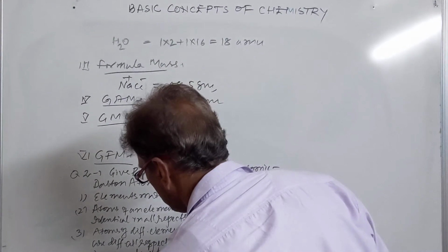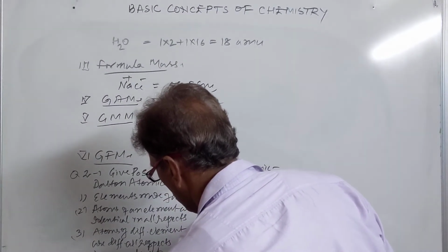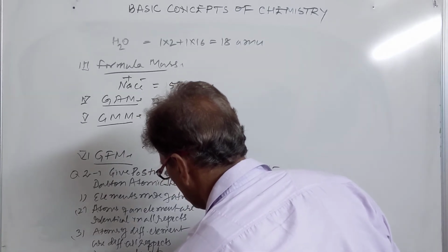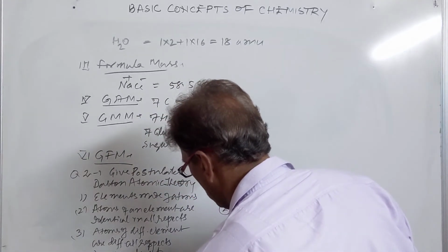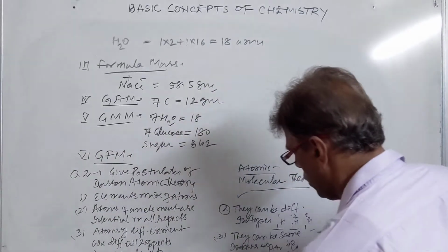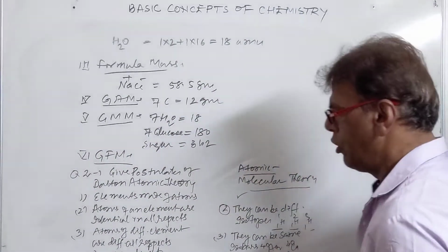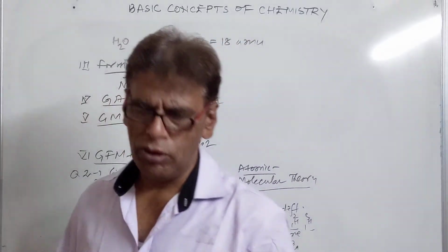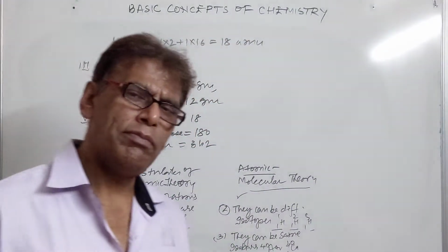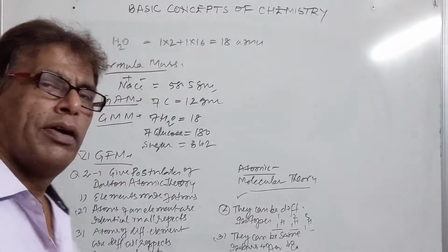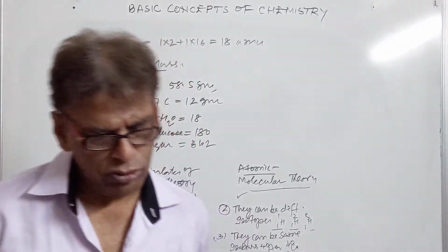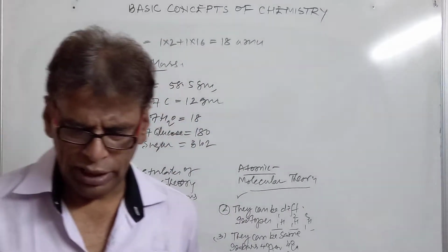The fourth postulate was atoms combine to give compound atom. Now this term compound atom is replaced by molecule. In the modern theory, whenever atoms combine, they give a molecule. They are not forming compound atom. The fifth postulate is the same: atoms combine in terms of whole number ratio. Both theories accept it.